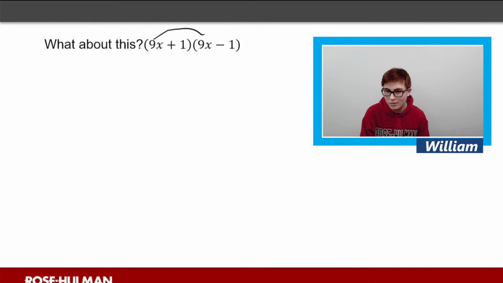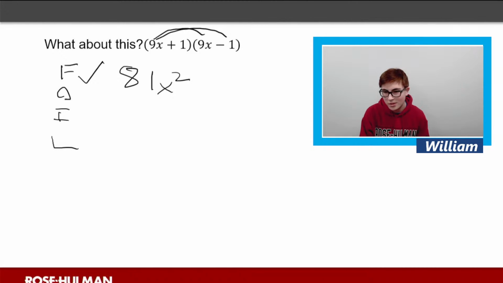So first thing we're going to do is do our FOIL step here. So we're going to do our first, which is going to be the 9x times the 9x. 9 times 9 is 81, so we've got an 81x squared, and that's the first term. And then we're going to do the outside terms, which is the -1 times the 9x, so we've got a minus 9x.